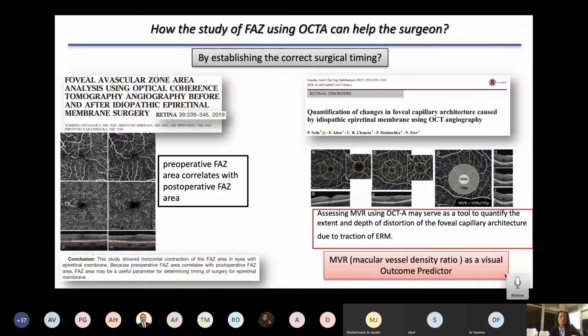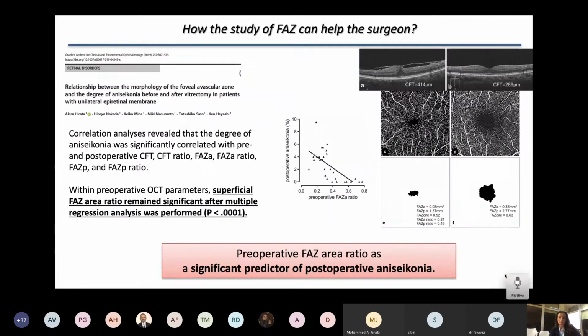So in any case, many authors point out the importance of examining the phase area to evaluate the effects of an epiretinal macular membrane on the structure and the vasculature of the inner retina.